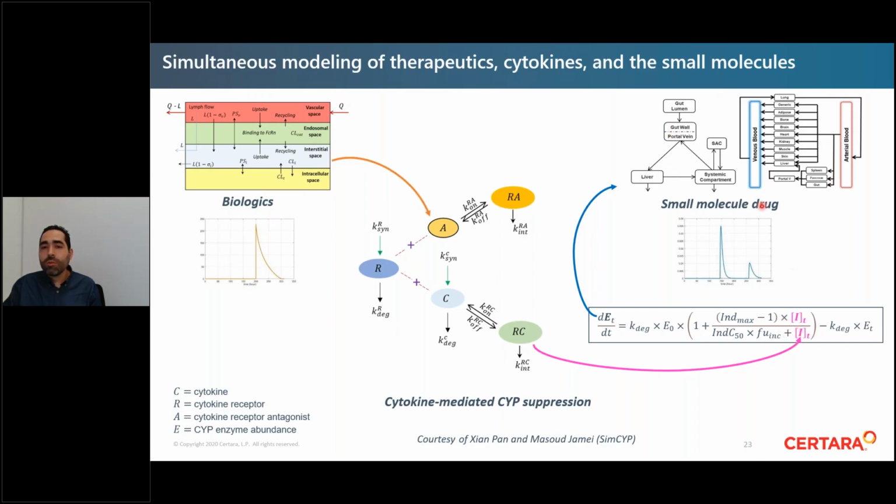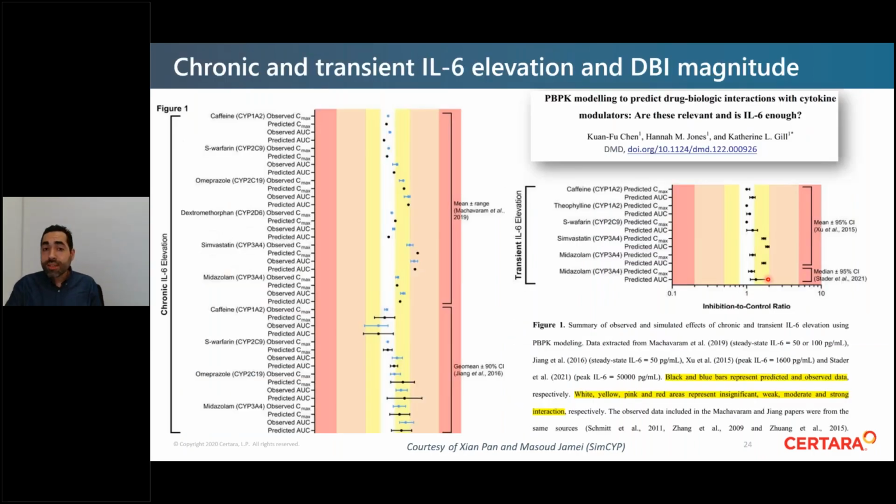Thanks to the PBPK model, you can predict the impact on the pharmacokinetic profile of the small molecule. This approach was successfully used, as you can see that the predictions using this model, in this example for IL-6 modulation, were all consistent with the observed and published data.